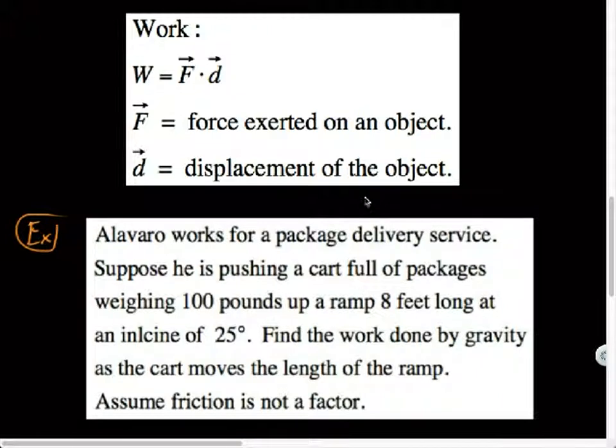Or in this case, it's actually not as a result of our force, but the force still ends up doing this work to the object. So we're actually not interested in how much work Alvaro does, but how much work gravity does, work done by gravity. Both of these are vectors. Dot producting them is going to equal some number, some scalar. And that number, in the case of this problem, is going to be measured in foot-pounds.